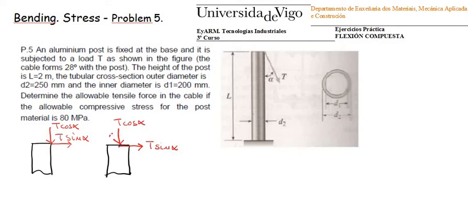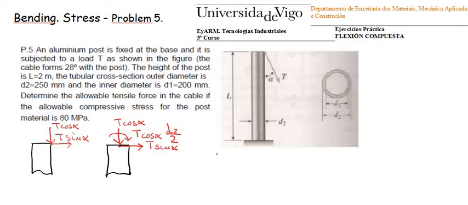And we have a moment because of the translation of T cosine alpha from this corner to the centroid. This is T cosine alpha multiplied by the outer diameter d2 divided by 2.